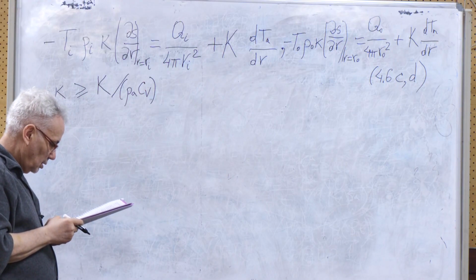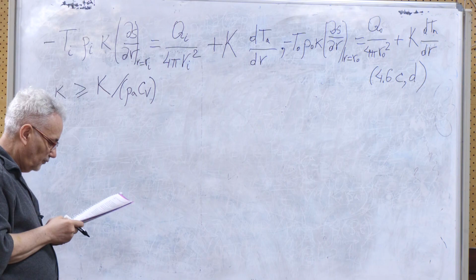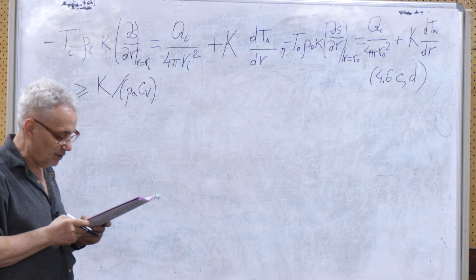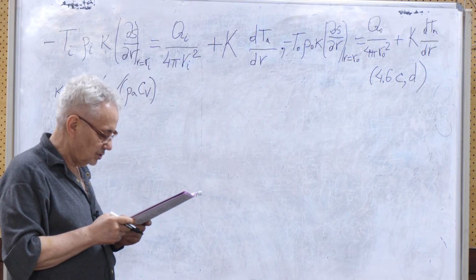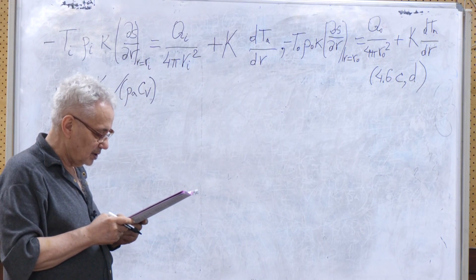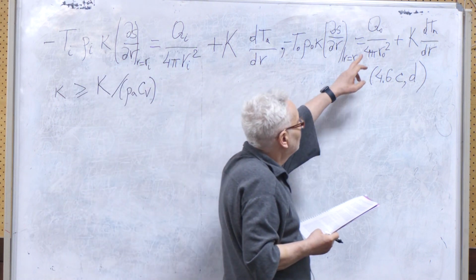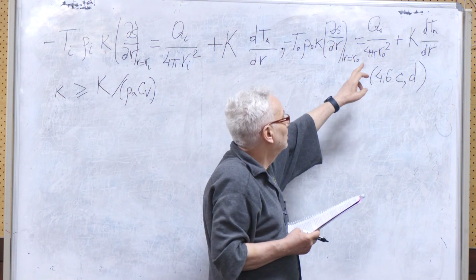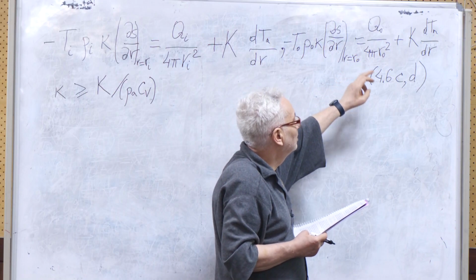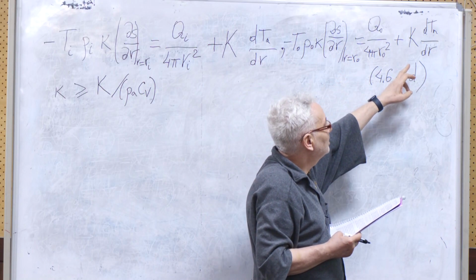So, in the right hand side of 4C, 4D are the difference, due to the typically negative gradient of the adiabatic temperature, between the given and adiabatic heat fluxes. You know that this is the given flux, which we get from the boundary condition, and this is the adiabatic heat flux.